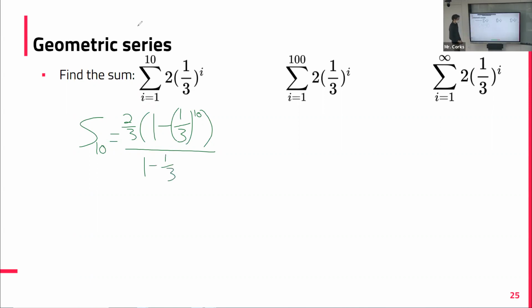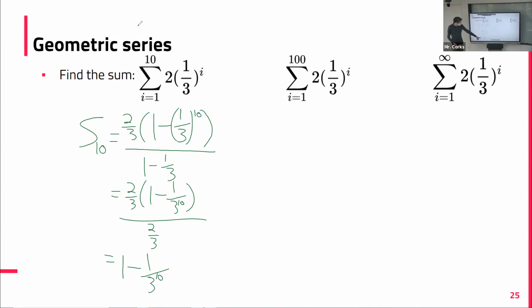Okay, let's simplify this. So 2 over 3 over 2 over 3, and on the inside here, 1 minus 1 over 3 to the exponent 10. These cancel out, these eliminate each other, leaving 1 minus 1 over 3 to the exponent 10.